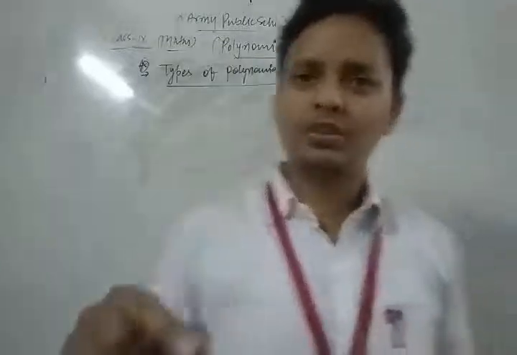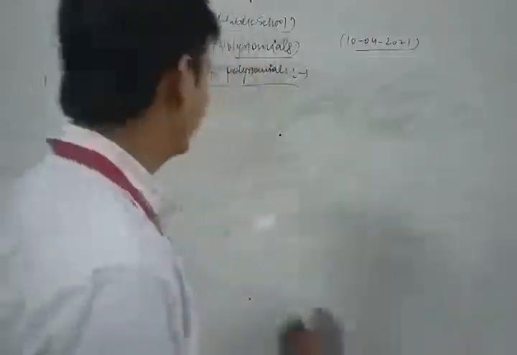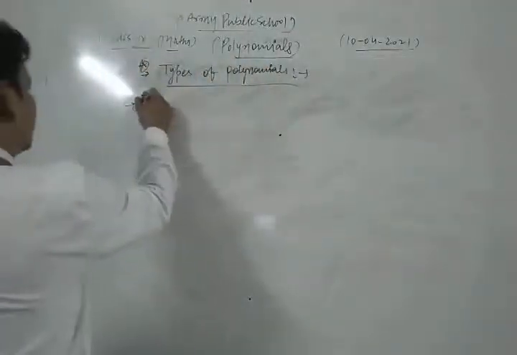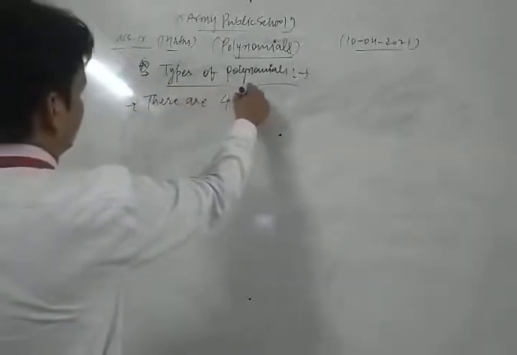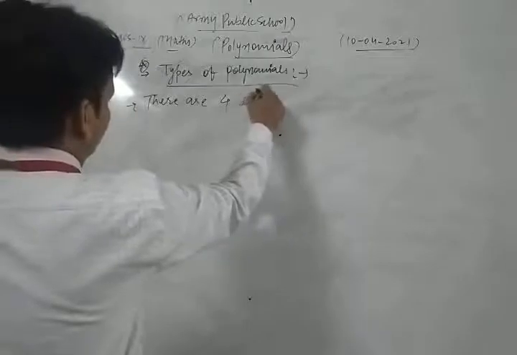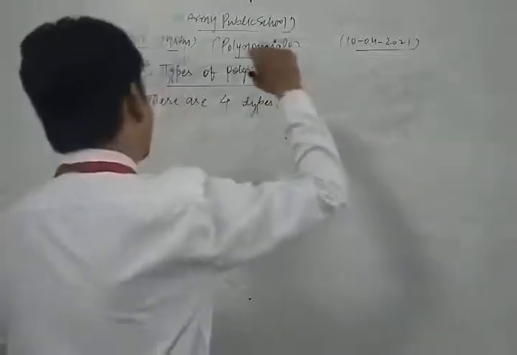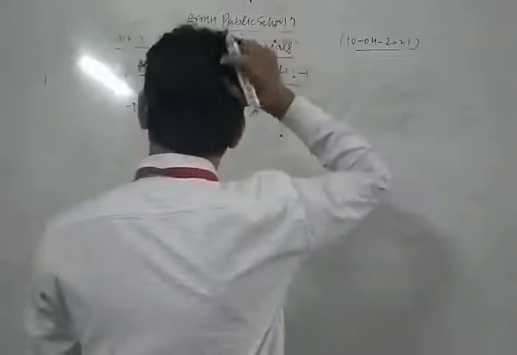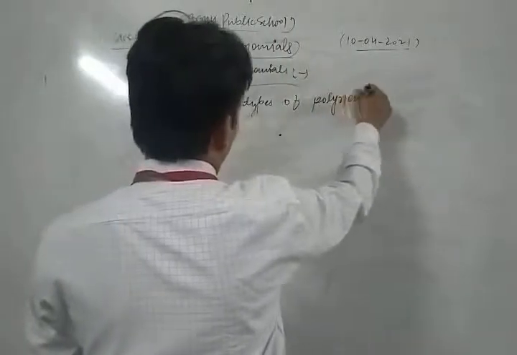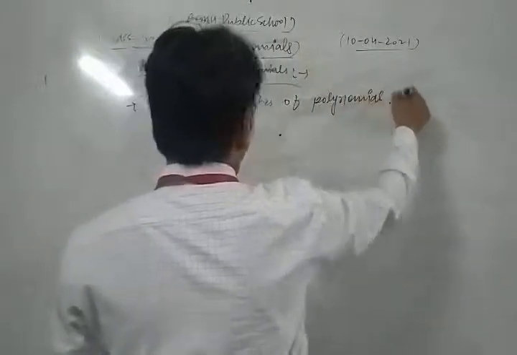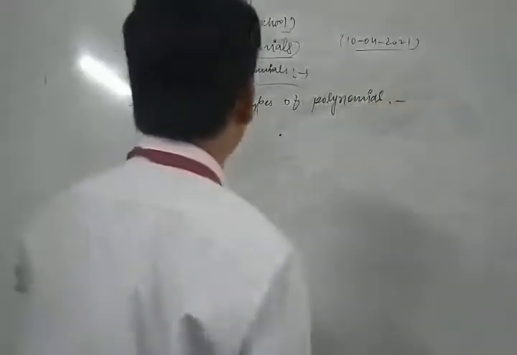Now on the basis of its degree, there are four types of polynomial.